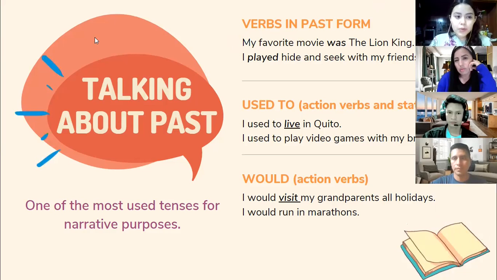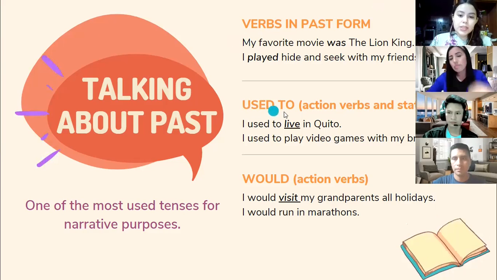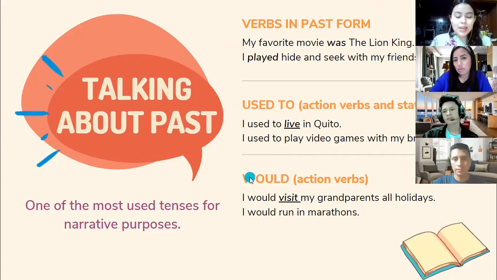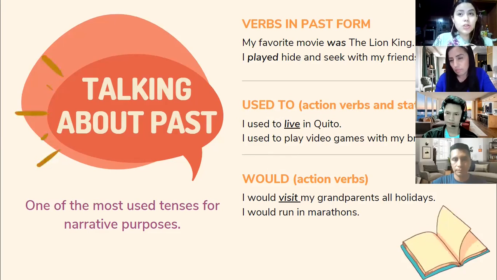Now, another way that we can use to talk about the past is using these words: used to and would. These both have a similar meaning, with the difference that used to is used with action verbs and state verbs. So we are going to use it for habits of the past, routines, or also permanent events of the past.